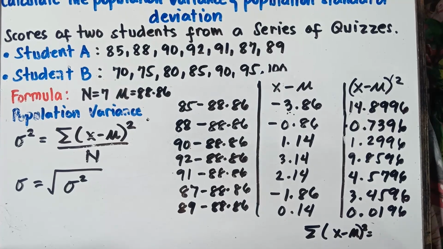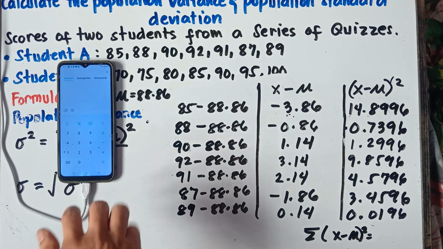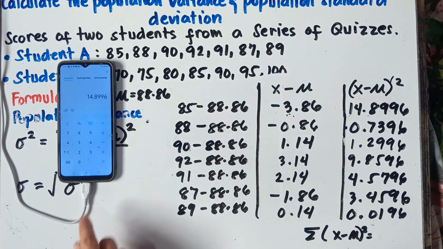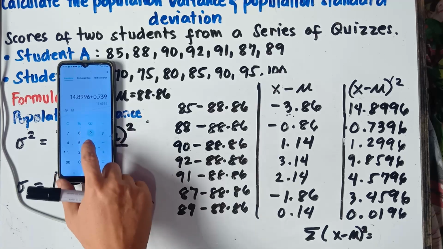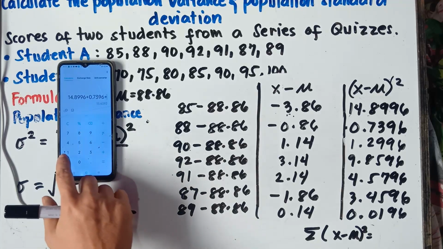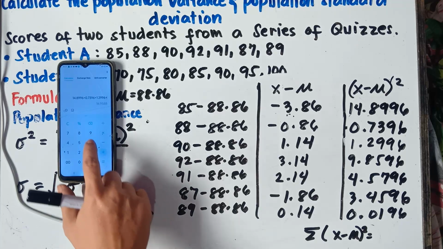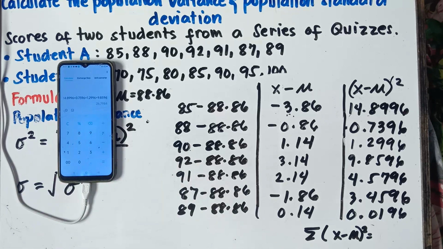The answer, class, let's do it step by step. So we have 14.8996 plus 0.7396 plus 1.2996 plus 9.8596. Once again, class, do it step by step.